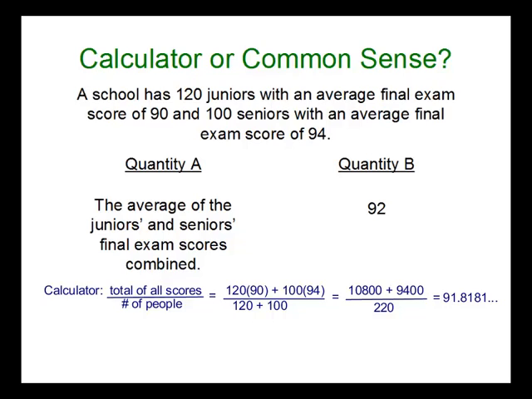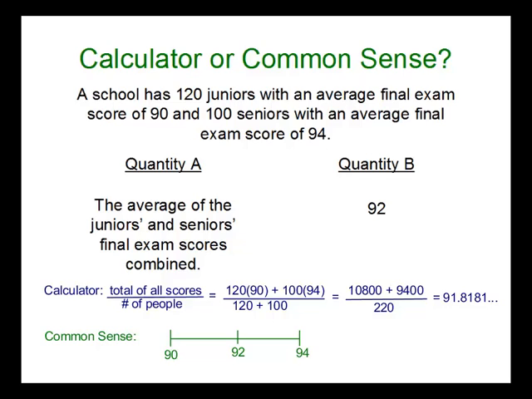And notice this is a multi-step calculation. This would definitely be one that you'd want to do on the calculator while also kind of tracking the steps on paper, much as we've done on the screen here. And the number that you get is 91.81 repeating. So clearly quantity B is greater. But you can arrive at that same result in a more common sense way.